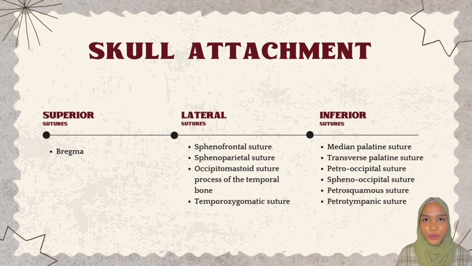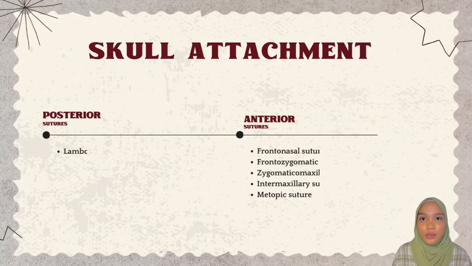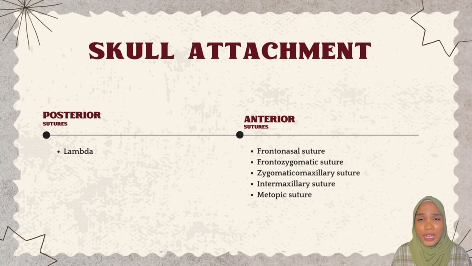At the inferior view, there are median palatine suture, transverse palatine suture, petrooccipital suture, spheno-occipital suture, petrosquamous suture, and petrotympanic suture. Next, at the posterior view, we have lambda. Lastly, for the anterior view, the sutures include frontonasal suture, frontozygomatic suture, zygomaticomaxillary suture, intermaxillary suture, and metopic suture.